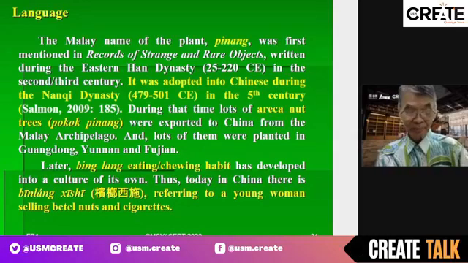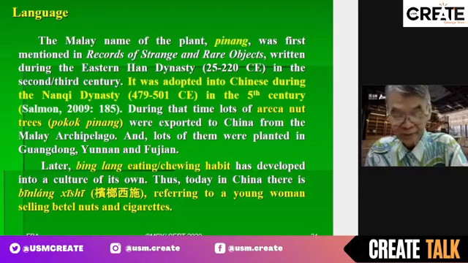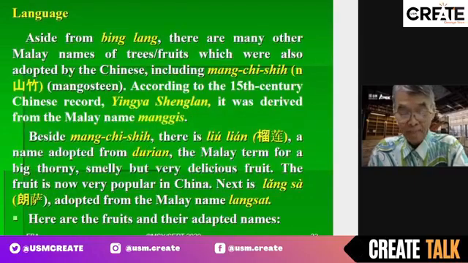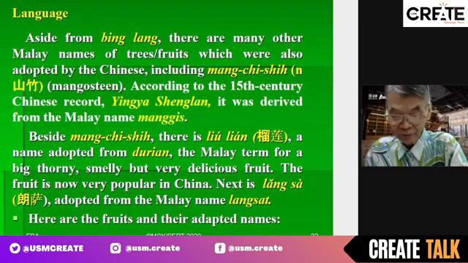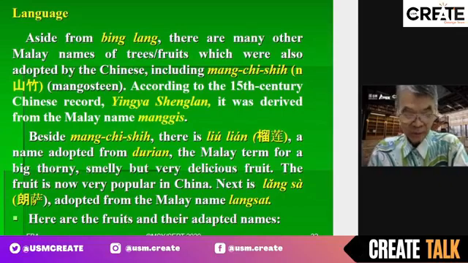Ladies and gentlemen, aside from Binglang, there are many other Malay names of trees, fruits, which were also adopted by the Chinese, including Mangqishi, mangosteen. According to the 15th century Chinese record, Yingya Shenglan, it was derived from the Malay name Manggis.